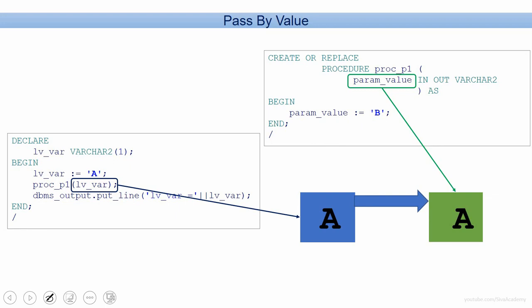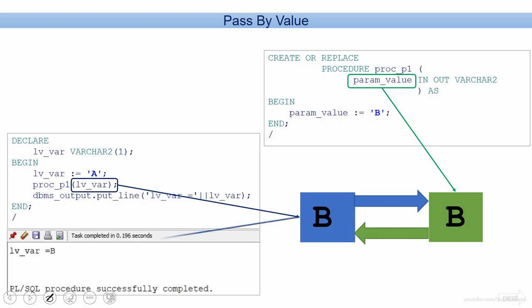Now within the procedure, we are overwriting it with the value b, so the memory location of the formal parameter will be overwritten with b. Once the procedure is successfully executed without any error or exception, the value from the formal parameter will be copied back to the memory location of the actual parameter, and this gets printed by the anonymous block.